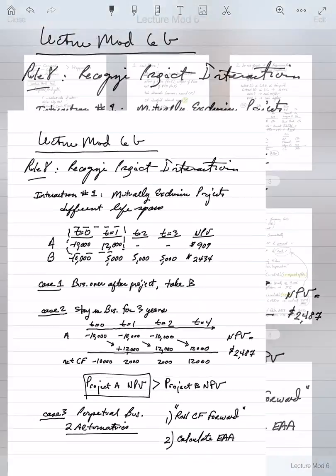Equivalent annual annuity. So let's do the first situation, call it option 1: roll the cash flows forward. In this case, you're working through this rolling process till you have the least common denominator of the lifespans.